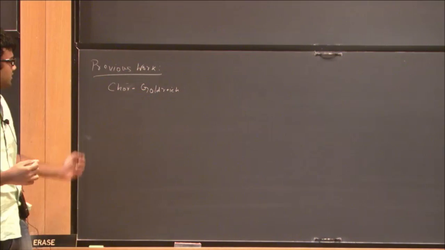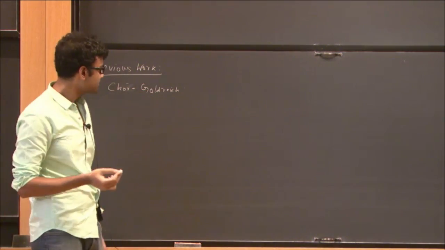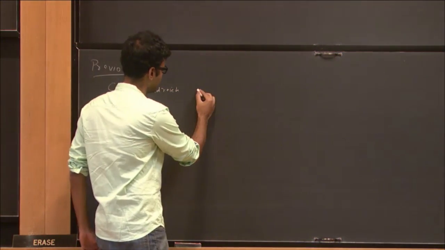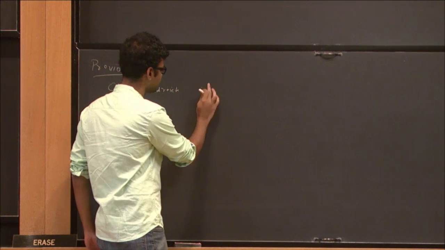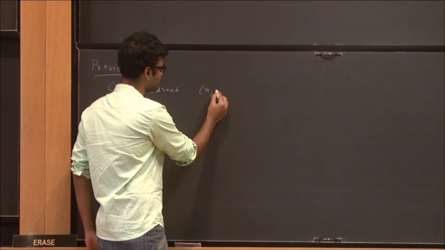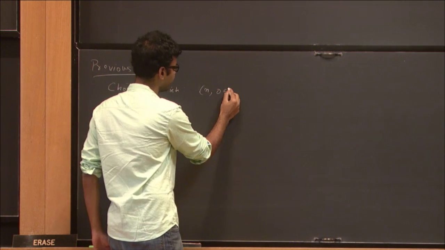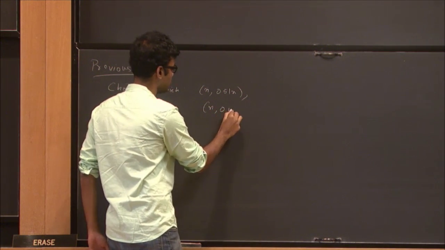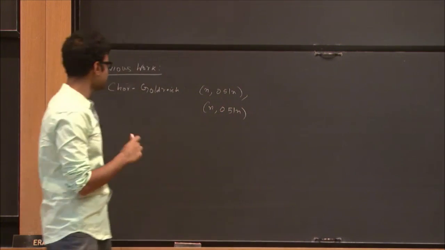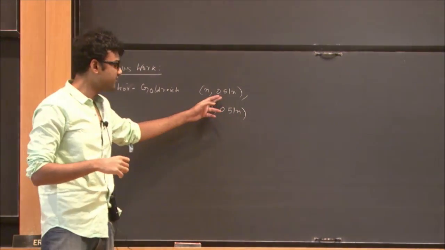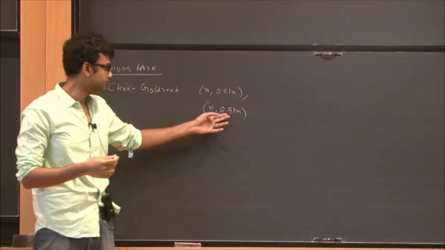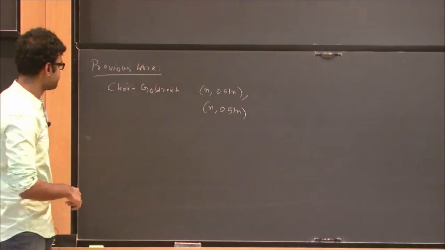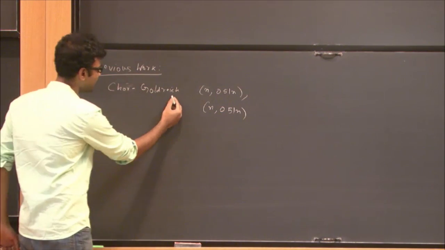They showed that the inner product function is a two-source extractor where the sources are n comma 0.51 n min entropy. So x has min entropy at least 0.51 n, and so does y.